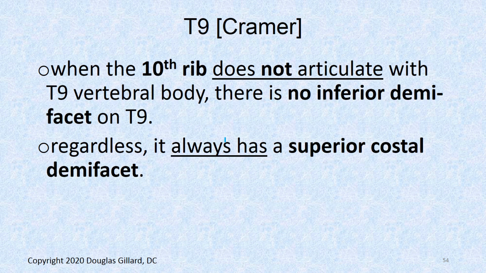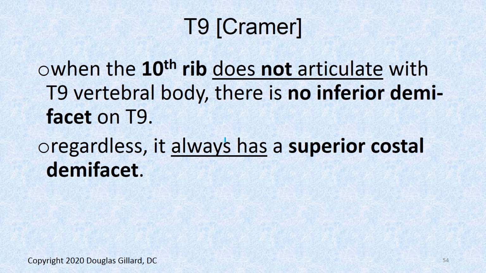What about T9? Well, when the T10 rib does not articulate with the T9 vertebral body at all, when the T10 rib has only one articular facet, then there will be no inferior costal demi-facet.